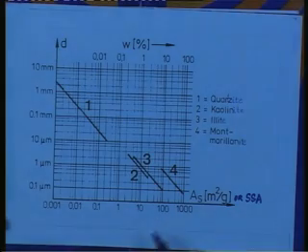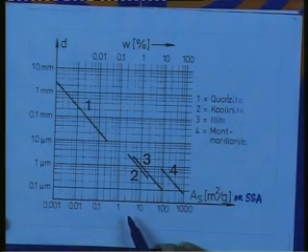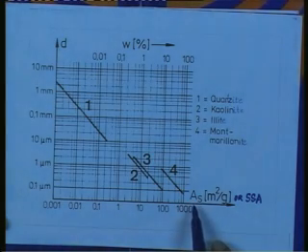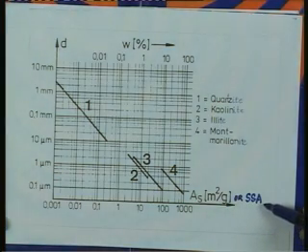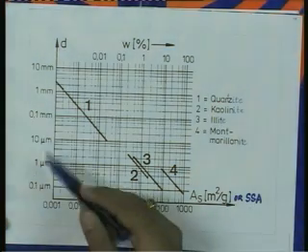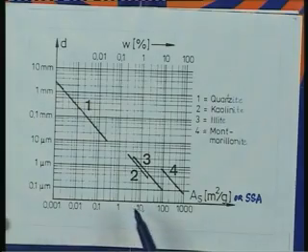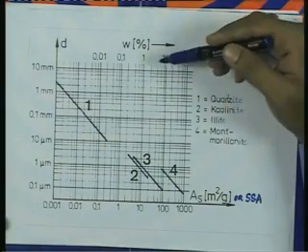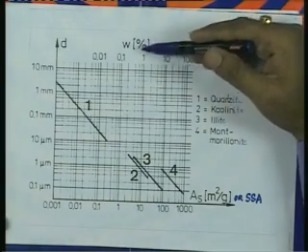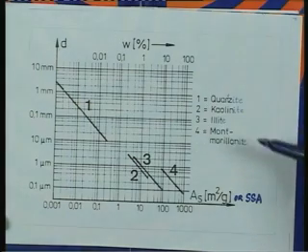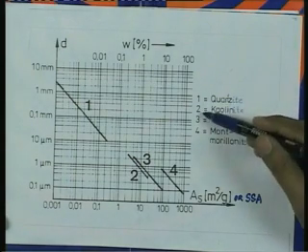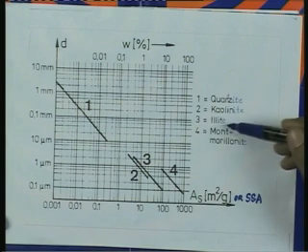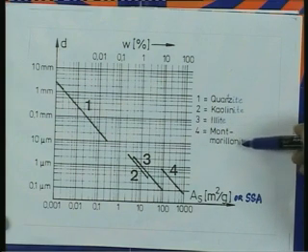this graph shows variation of specific surface area, AS in meter square per gram, with particle size, and on another axis water content is plotted here, for different minerals: 1 quartzite, 2 kaolinite, 3 illite, 4 montmorillonite.